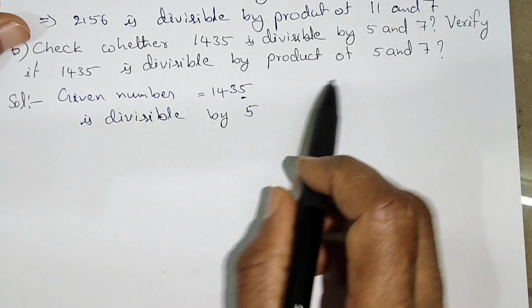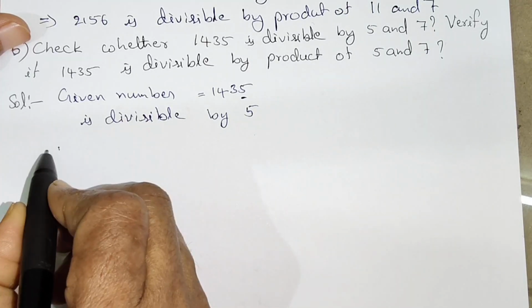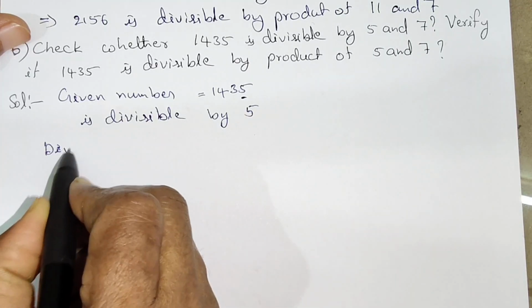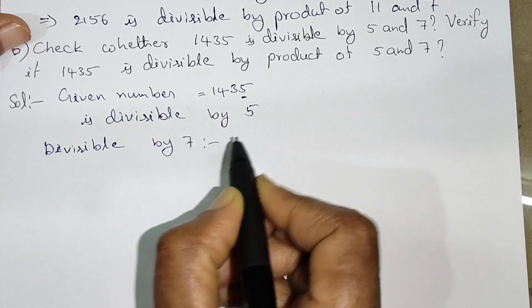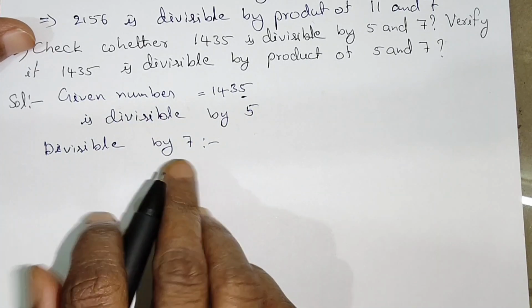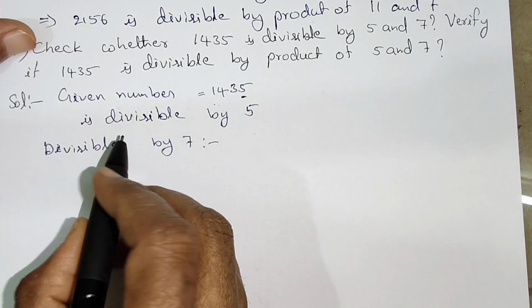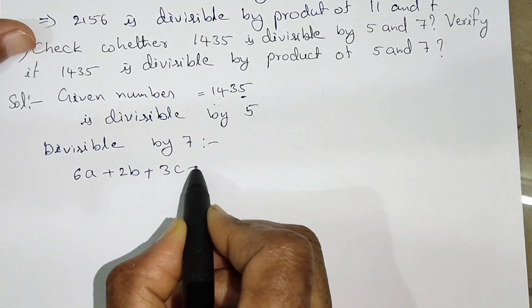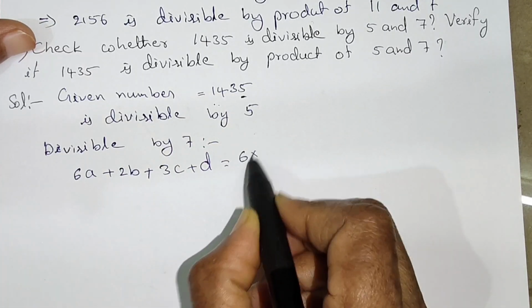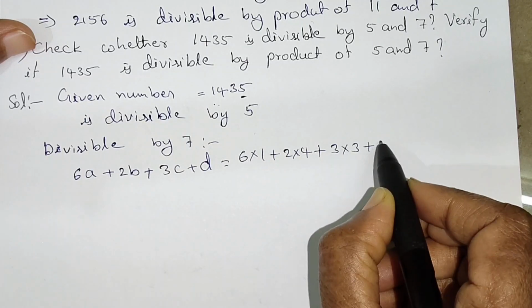Next, we check the divisibility rule by 7. Divisibility by 7 for a 4-digit number means we check 6a plus 2b plus 3c plus d. That equals 6 into 1 plus 2 into 4 plus 3 into 3 plus 5.